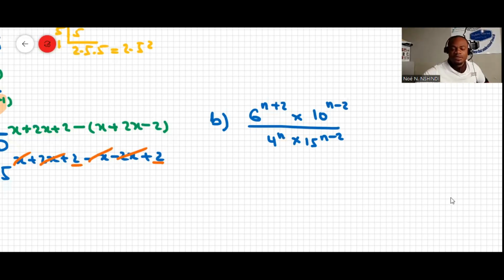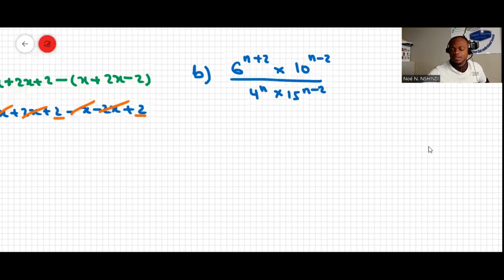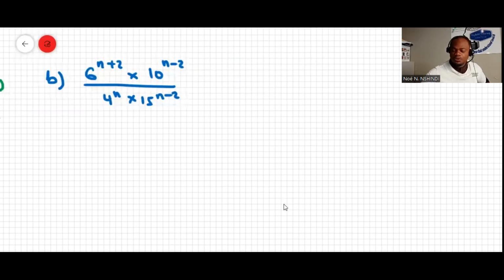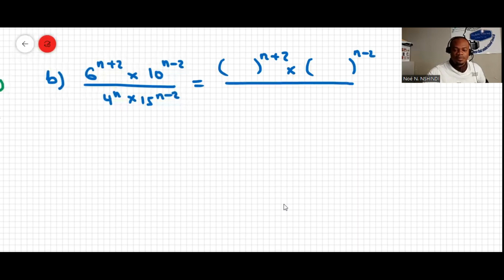The prime factors of 6 is just 3 and 2, or 2 and 3. So I can just say this to the power of n plus 2 multiplied by 10 to the power of n minus 2 all over 4, also in terms of its prime factor, to the power of n times 15, also to the power of n minus 2.